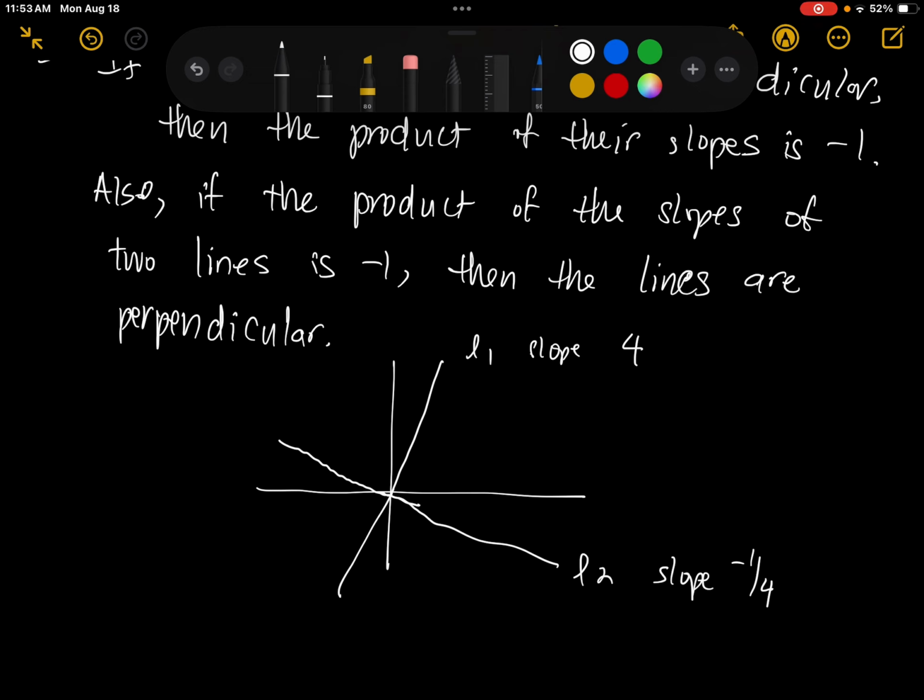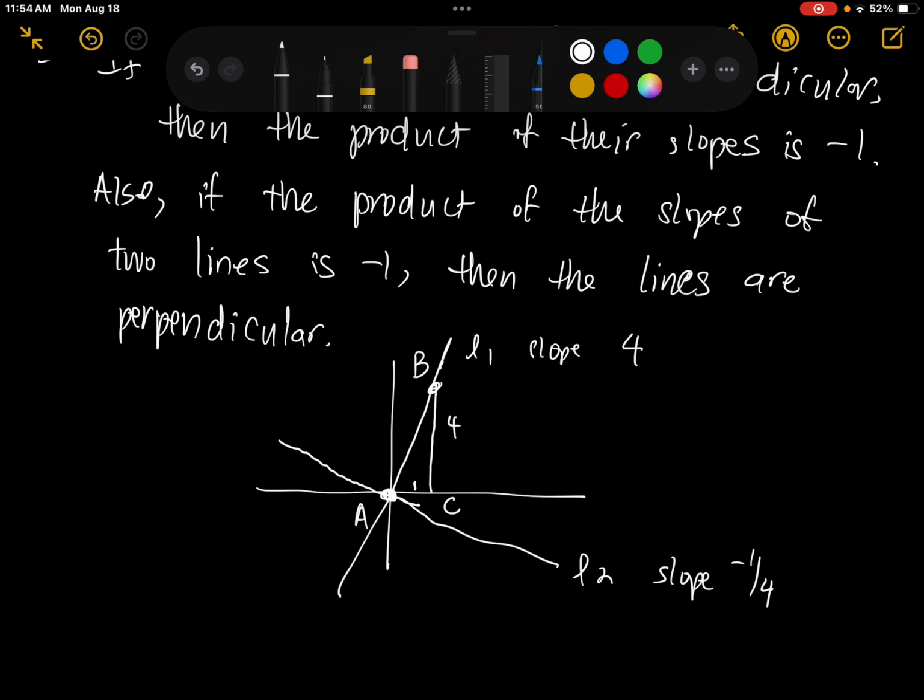Well, if you take, say, the origin, where they intersect, and take, say, this point here, let's call it B, and let's call the origin A. Then suppose that you take this point C, and AC has length 1. I mean, it doesn't actually matter, but let's pretend that AC has length 1, and then BC has length 4.